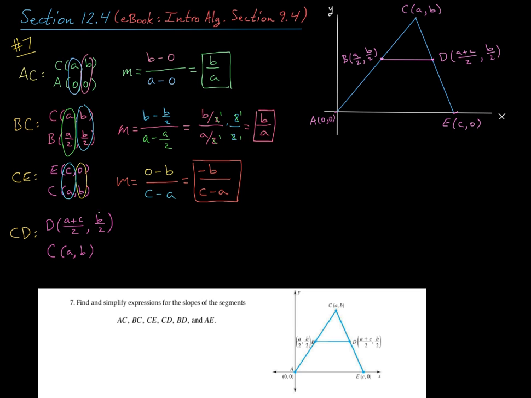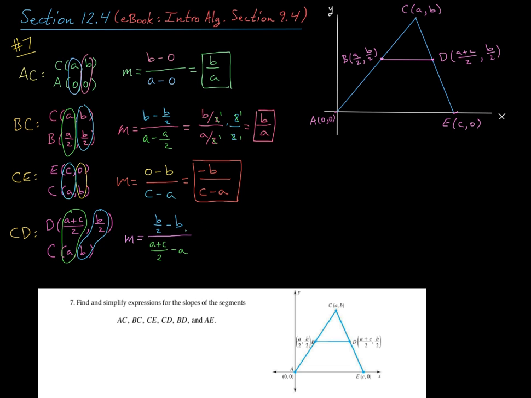So take the difference in the y coordinates, which is b over 2 minus b, and then the difference in the x coordinates, which is a plus c over 2 minus a. Then we take the ratio of those quantities, and that will be our slope.